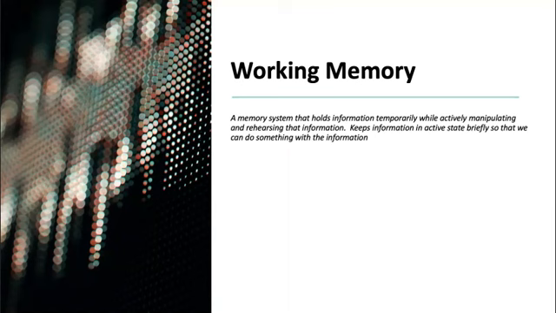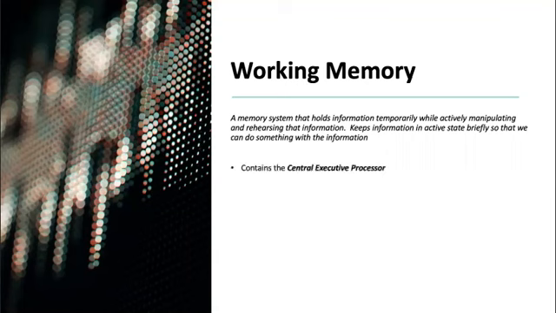It's a memory system that holds information temporarily while actively manipulating and rehearsing the information. So, kind of how we talked about that repetitive rehearsing that can occur in short term memory. The working memory keeps that information in an active state so that the information can be processed. Essentially, what this does is it keeps that information in your memory long enough so that you can do something with it, right? Most likely, transfer it to long term memory.